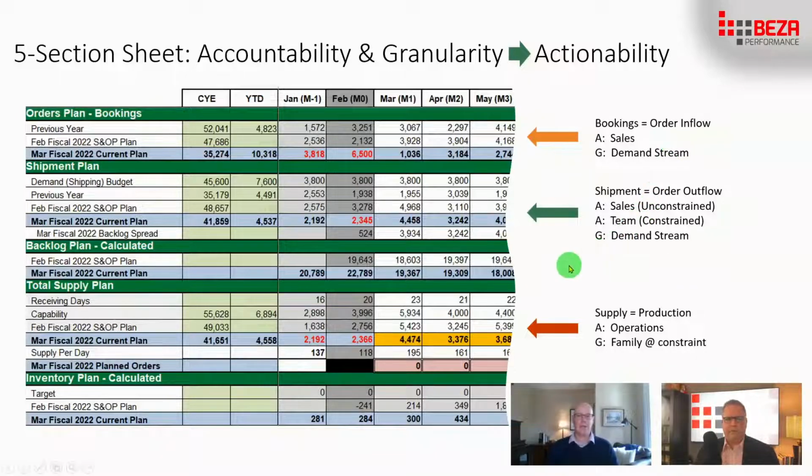Right. And where that accountability or where that problem lies will start to be identifiable in this model. Because we use this term all the time: if you don't sell it and you can't make it, you can't ship it, right? So if I don't have the orders and I can't make it, I can't ship it. But it's often not both of those things, it's one or the other.